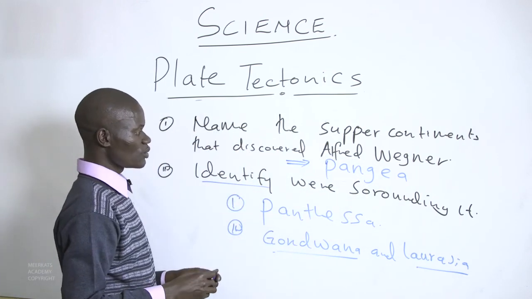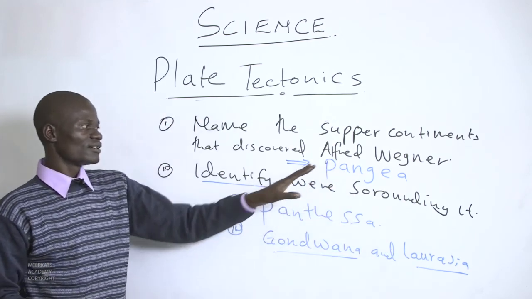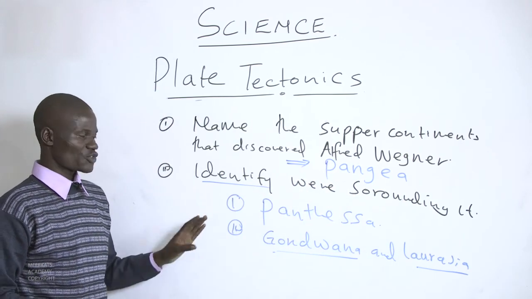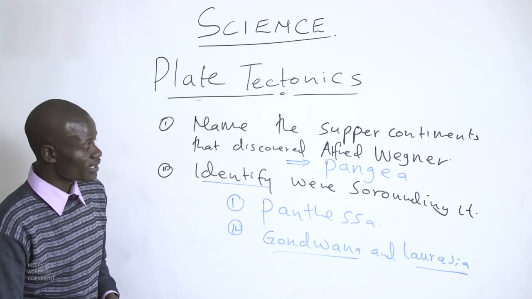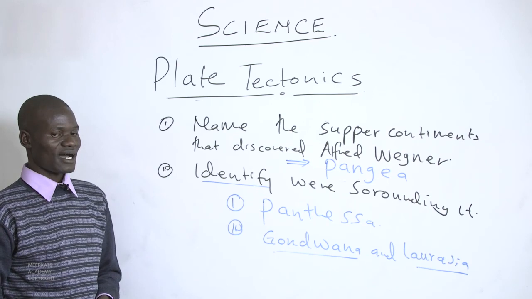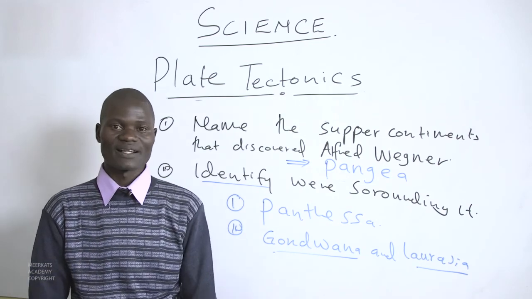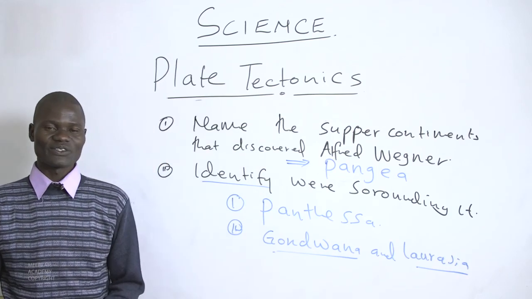These were the two major parts that were surrounding the Pangaea aspect of the theory as it is outlined by Sir Alfred Wegener. Having looked at this, then we are able to understand.